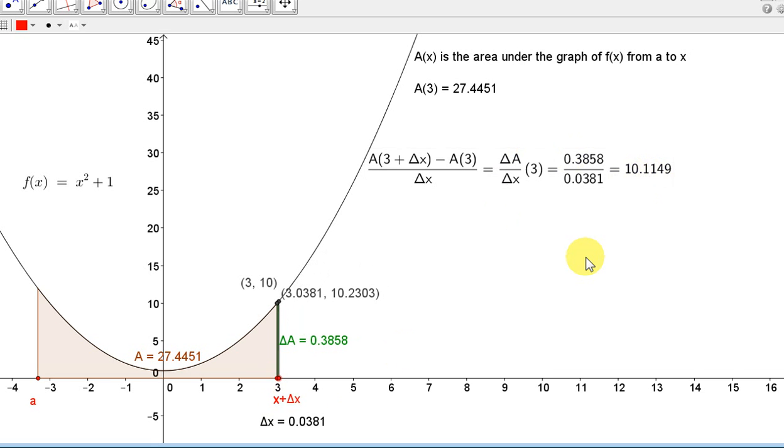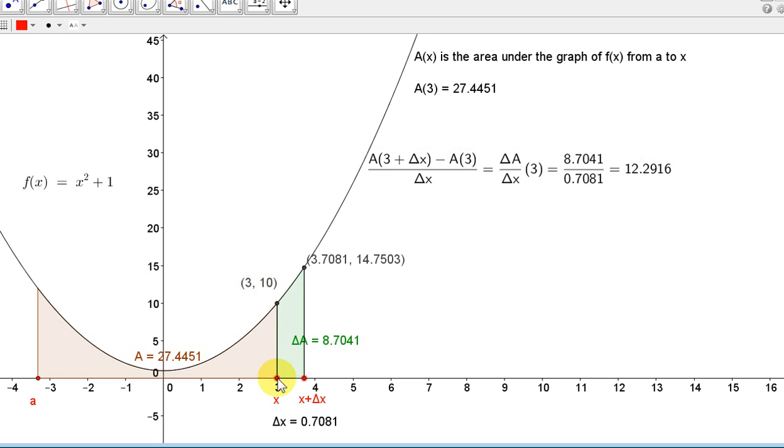This is actually approaching a value. That value is actually 10. We don't want delta x to reach 0. So notice that the value that we're approaching, which is actually 10, is the same as the y value of the point 3, 10.